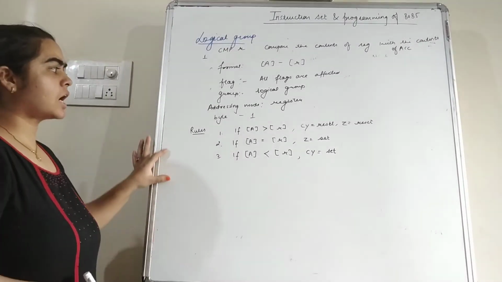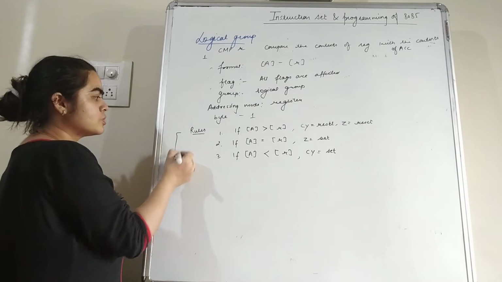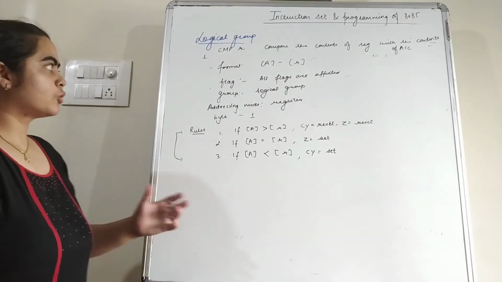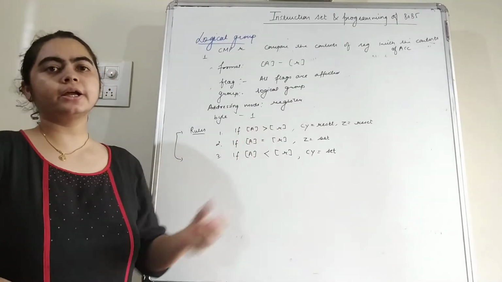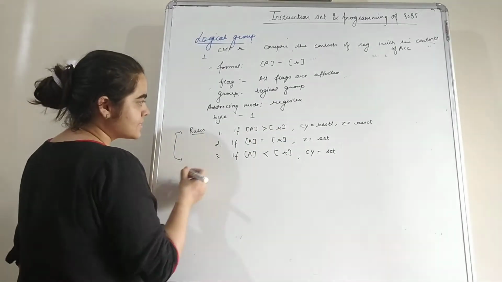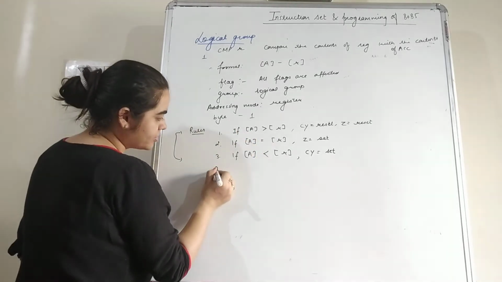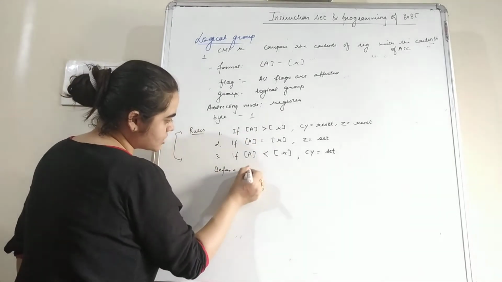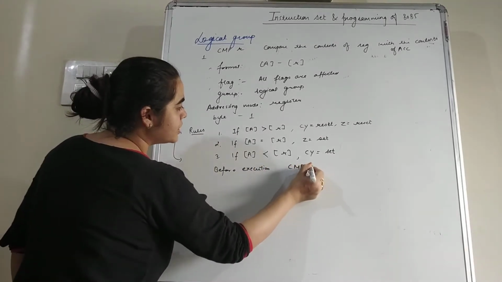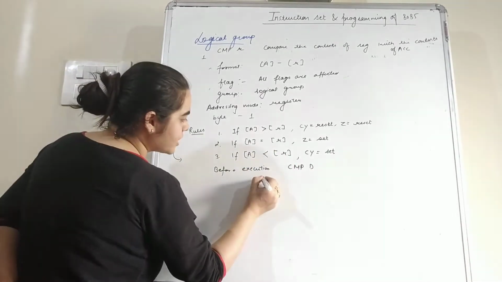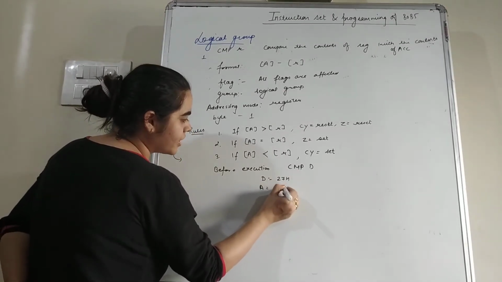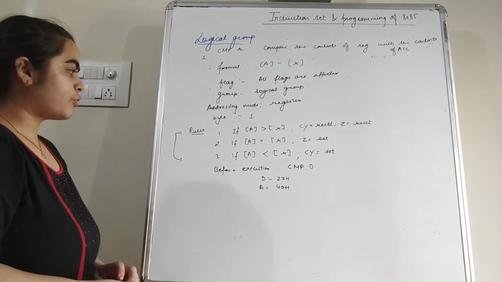Now students, these are the 3 rules. According to these 3 rules we can set or reset the values of the carry as well as the 0 flag, and all the rest of the flags depend upon the result. Now students, suppose we have an example. Before execution we have CMP D, and in D we have the value 27H and in A we have the value 40H.